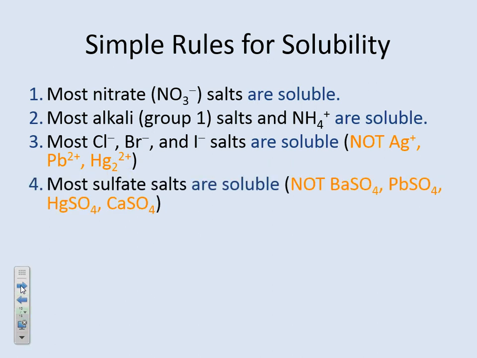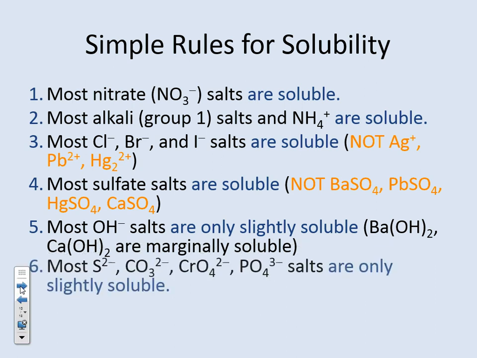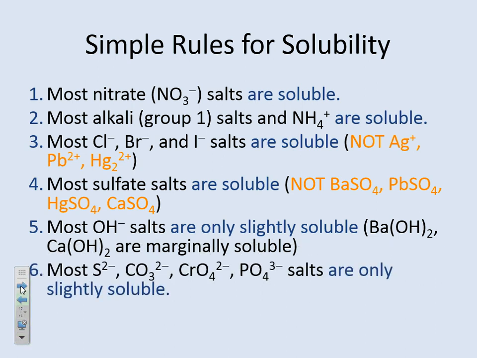Sulfate salts are usually soluble, but again, not barium, lead, mercury 2, or calcium. Most hydroxide salts are only slightly soluble. And most sulfides, carbonates, chromates, and phosphates are only slightly soluble.